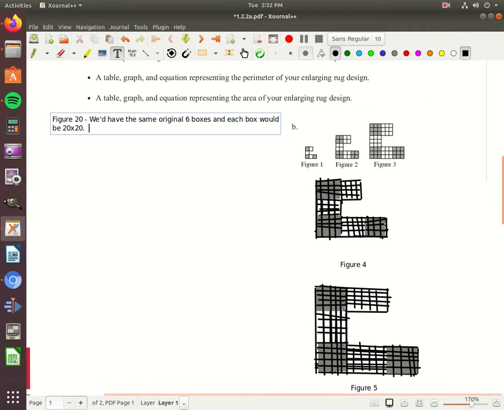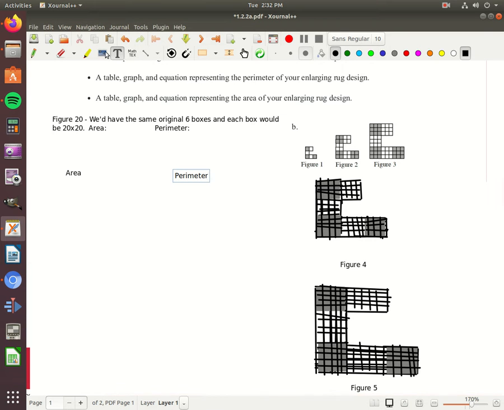So the area, well, that's an interesting question. We haven't really actually even gone into the area and the perimeter of these yet, right? So I think what makes more sense is let's go ahead and figure out what the area and the perimeter are. Let's go ahead and make tables and see if we can make equations that sort of go with these.